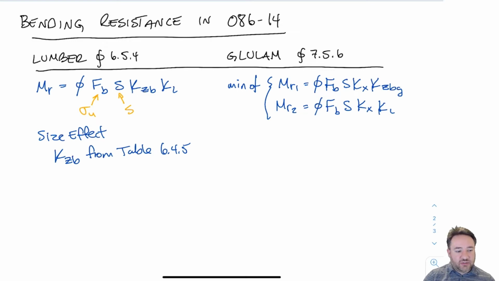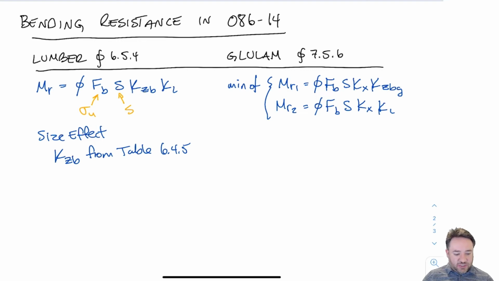Instead, it has to do with the failure of the joints on the tension side of the member near the ends of tension zones. So as I bend this down, I have tension in the bottom. This glulam member is made of all sorts of individual pieces all glued together, and the joints at the end that hold those together have a tendency to fail more when the beam is bigger, for whatever reason.